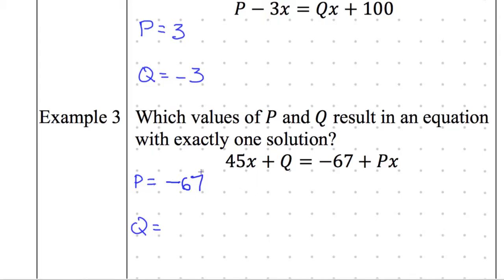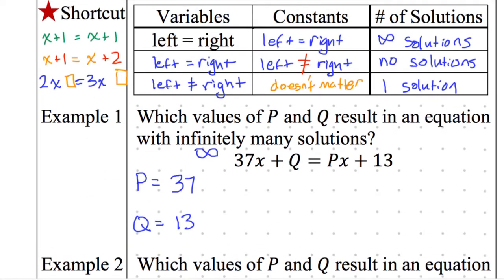So -67 will work because I'm looking at this term with a variable. I need to choose a number other than 45. A number other than 45 is -67. I could have chosen 1. I could have chosen 100. I could have chosen pi. Any number aside from 45 here will work because in here I say the left cannot equal the right for the variables.